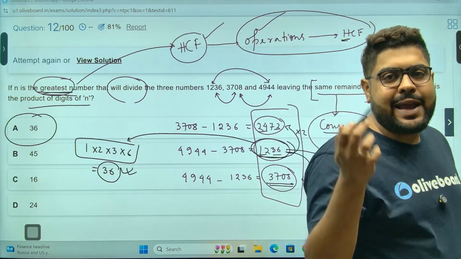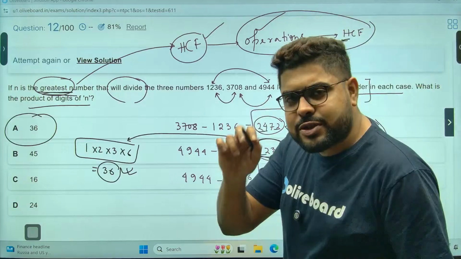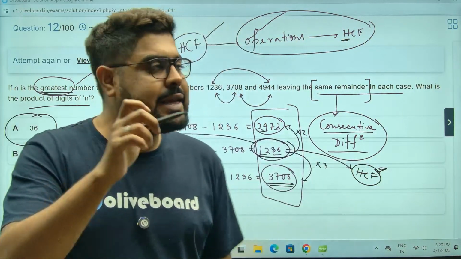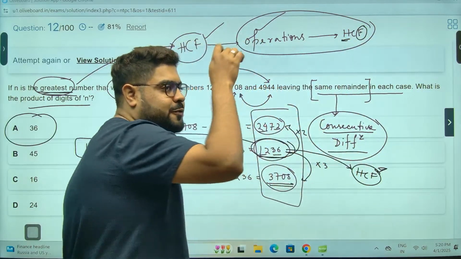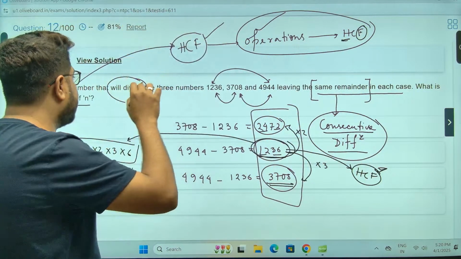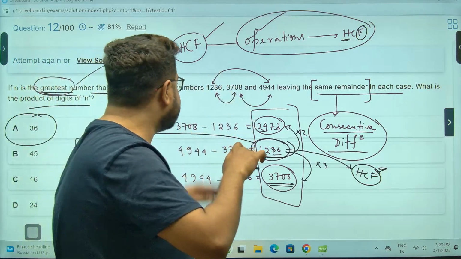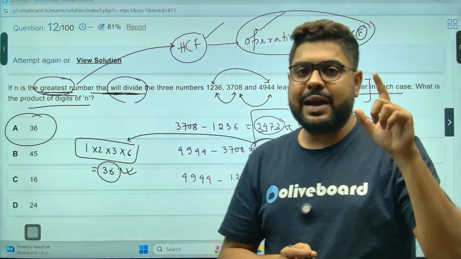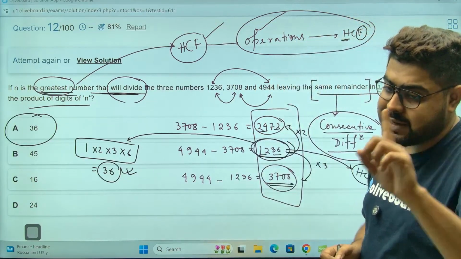So if you see highest, largest, greatest, biggest, more often than not, that is a HCF case. And HCF itself is a factor. F stands for factor. So factor itself always divides. So that number itself will divide. And if the term is saying is divisible, multiple is divisible, multiple means LCM. That is an LCM case, remember.